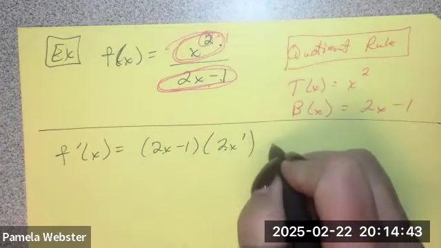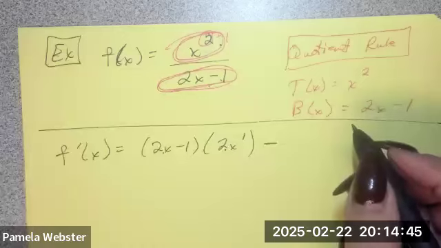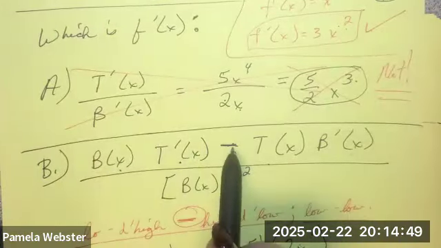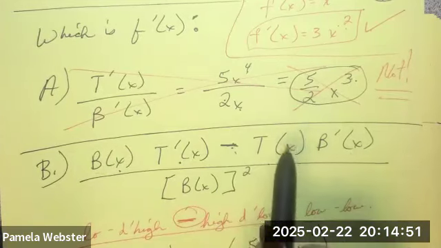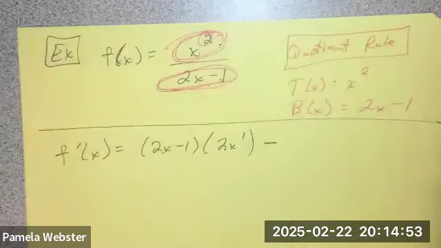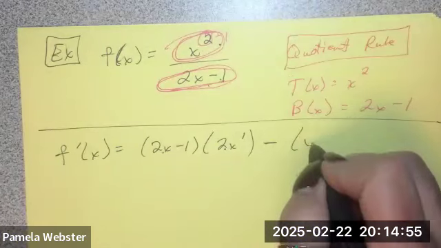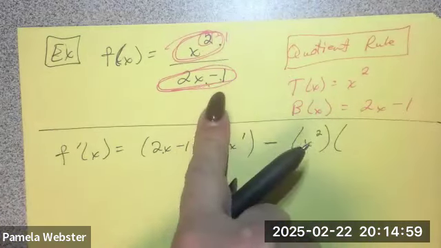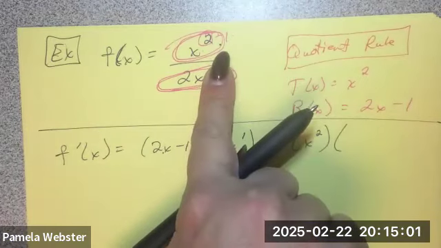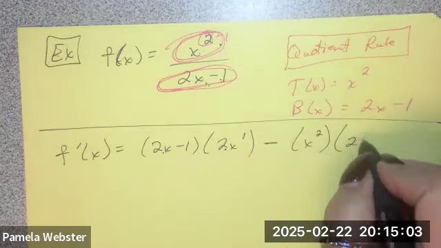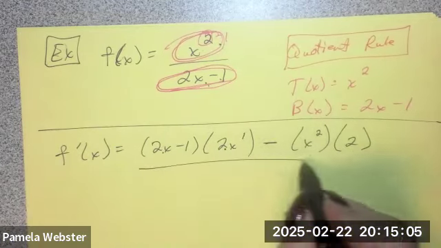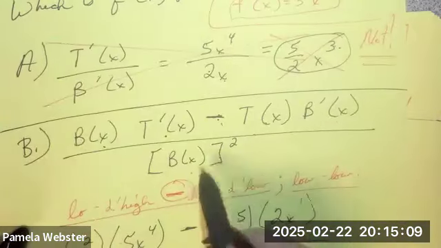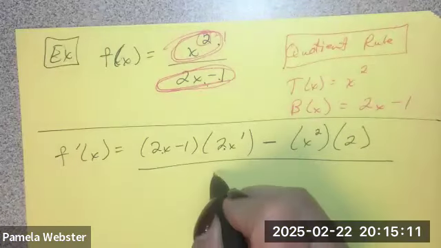Bottom times the derivative of the top minus, because there's a minus in the formula, the top times the derivative of the bottom. So the top guy is x squared times the derivative of the bottom. Well, the negative 1 is a constant, so that's just a 2. Okay. All over, and the formula says you take the bottom just like it is and square it.